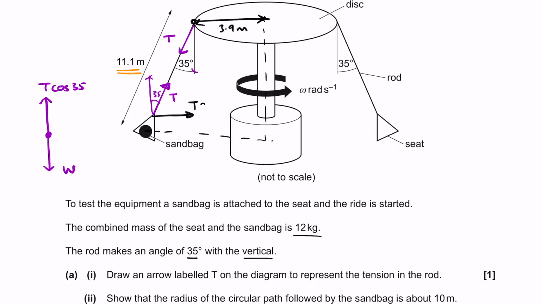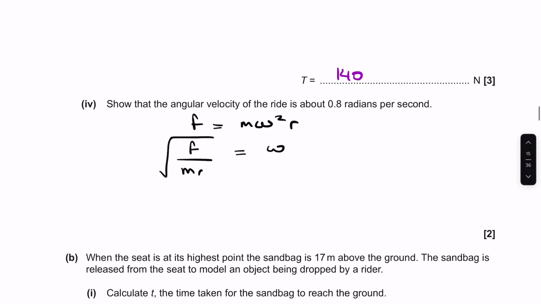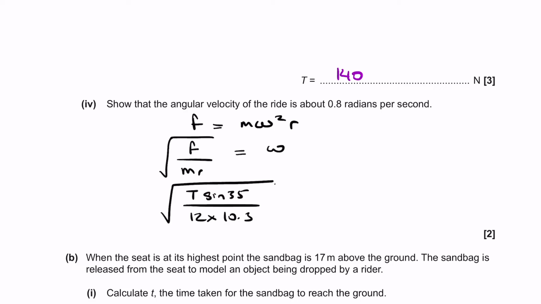So that is T sine 35. So it would be T sine 35, and I would use my unrounded values, 12 times 10.3, and square root the answer, and I end up getting 0.82.